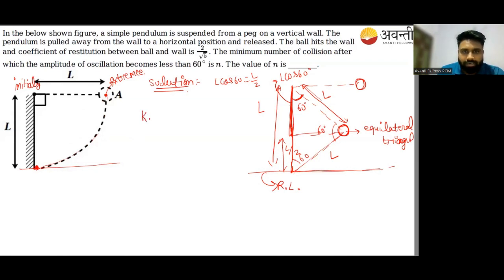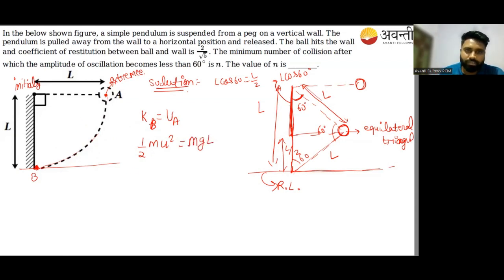So kinetic energy of final will be equal to potential energy of initial. Let's say this point is B. So kinetic energy of point B is equal to the potential energy of point A. So kinetic energy of point B is 1 by 2 times m, let's say it is u square, the initial velocity for the first collision, equals the potential energy, which is mg times height, which is L. mgL.